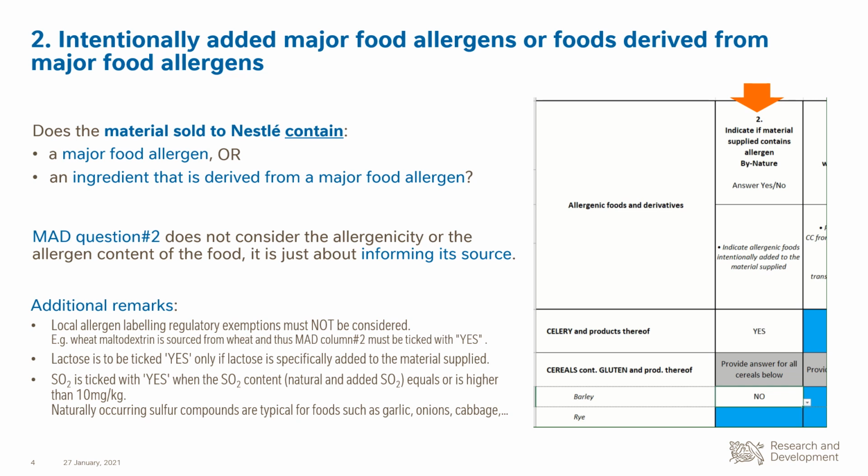Lactose is to be ticked with yes only if lactose is specifically added to the material sold to Nestlé. Finally, sulfites is ticked with yes when the sulfite contents, meaning naturally occurring and added sulfites, equals or is higher than 10 mg per kilogram in the material sold to Nestlé.